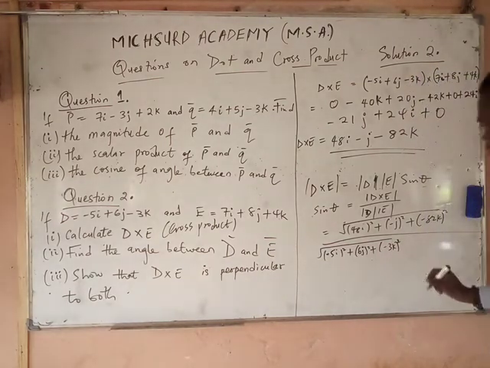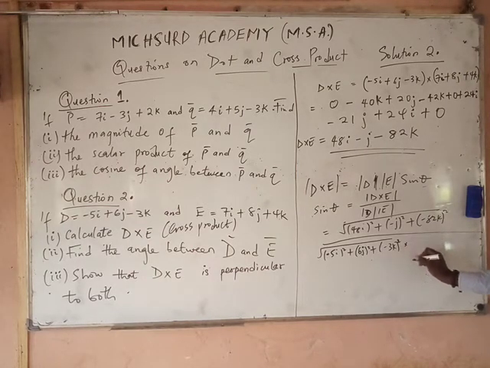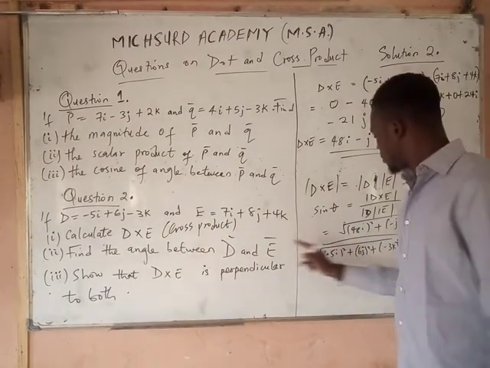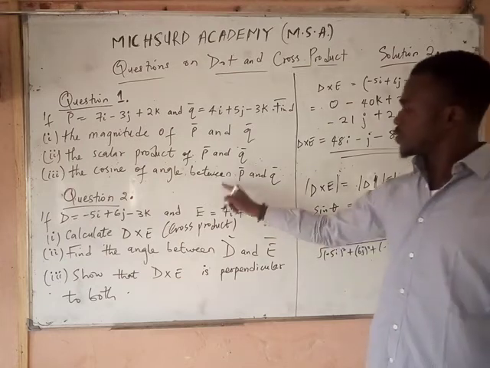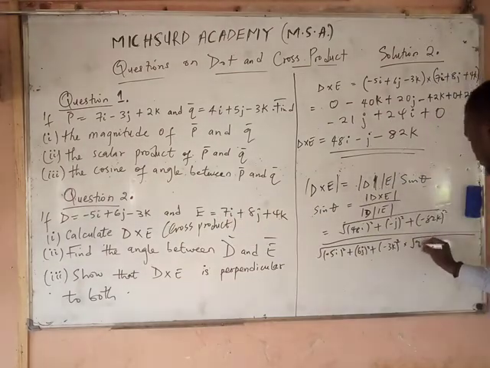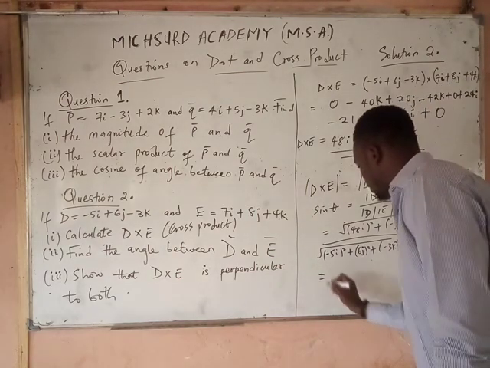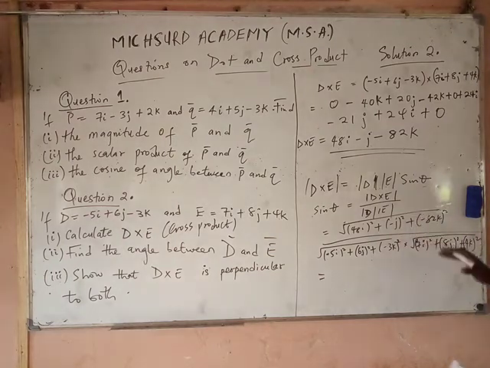Then we have times the square root of, that is the magnitude of E, which will be 7i all squared, 8j all squared, and 4k all squared, right? So try this, solve the whole of this.